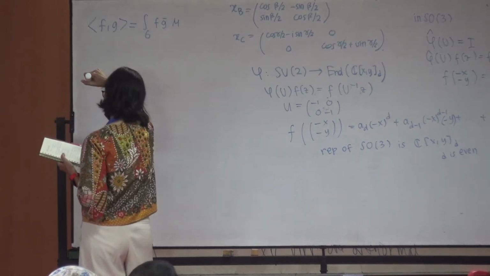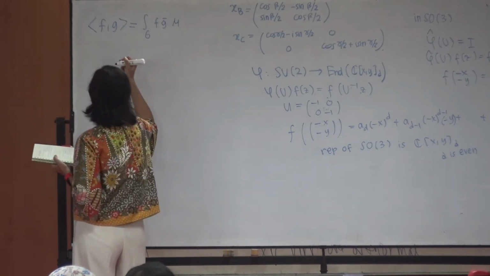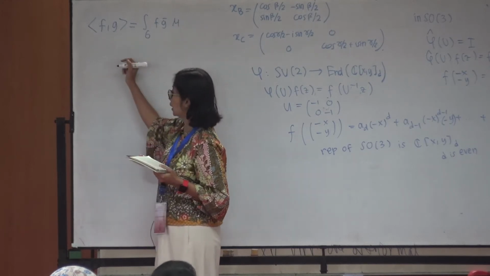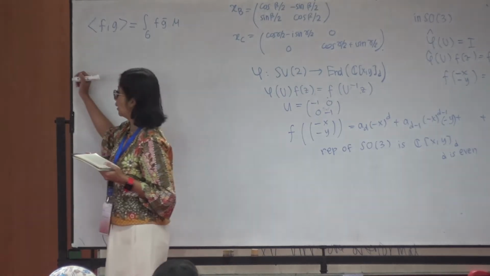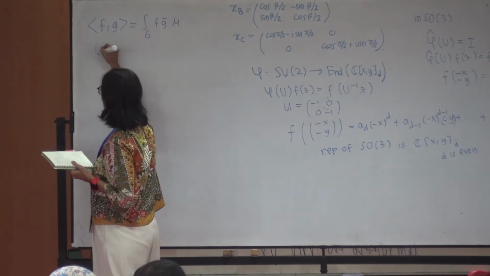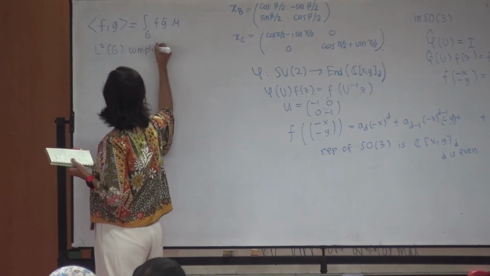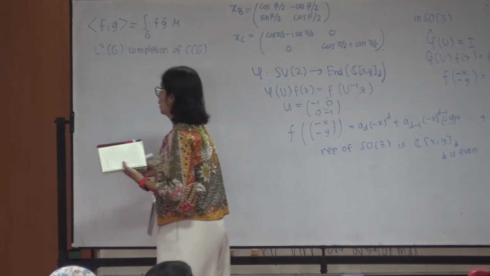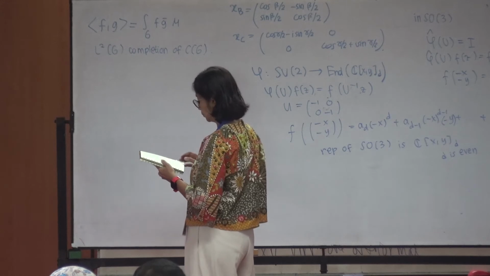And mu is, you can think of like a volume, and left invariant volume means it's invariant under the left multiplication that we defined earlier. So L2G is the completion of CG.